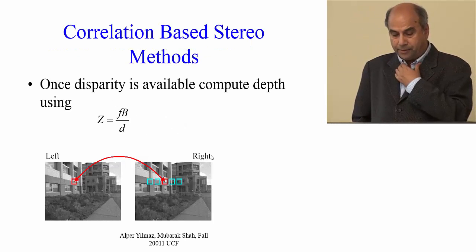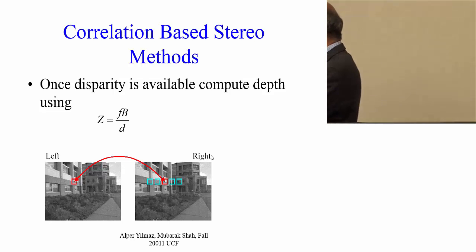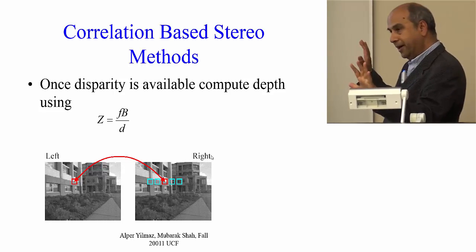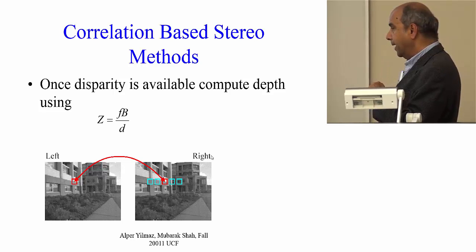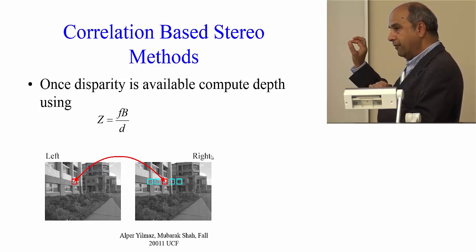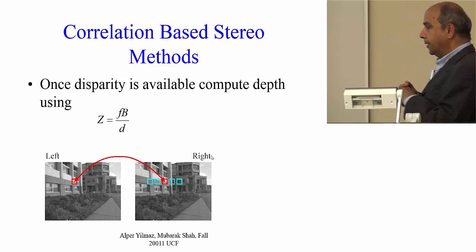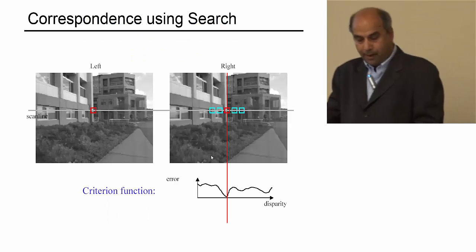So let's look at how we can find the match. These are two images, and let's say they are rectified, and we have a patch on the left, which is shown in the red box. We want to go to the right image, exactly the same row, and find where this matches.